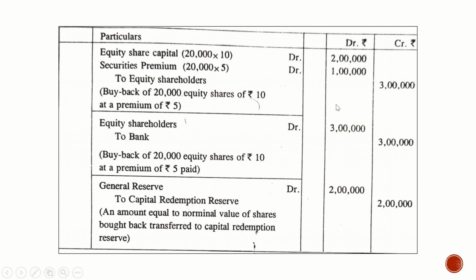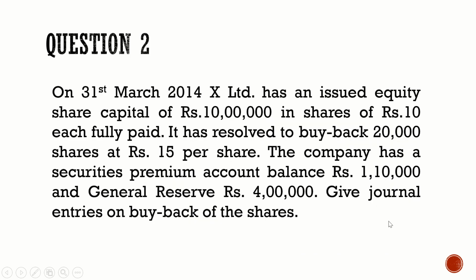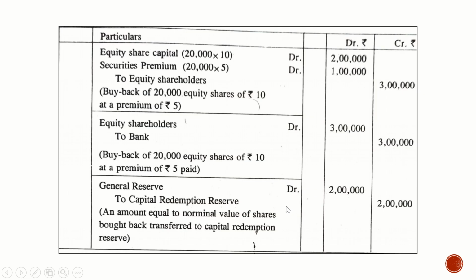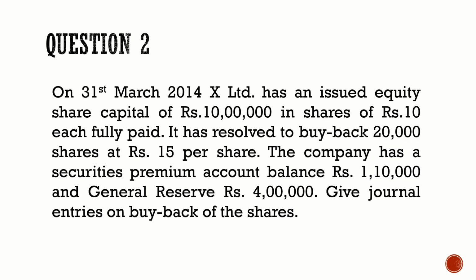So first the buyback entry is done, and we know that the company has a securities premium account balance and also a general reserve account balance of rupees 1,10,000 and 4 lakh. So first we have to consider the securities premium account or the general reserve account.